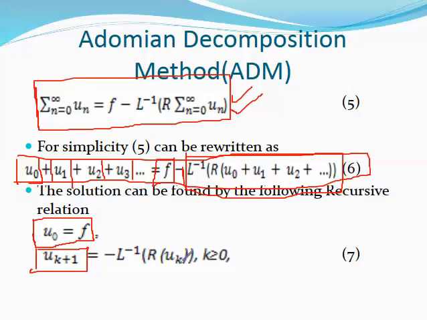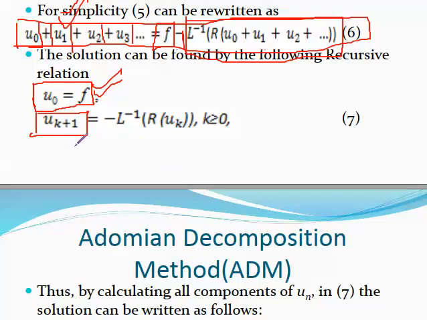So once we have the solution of u naught, we use it in this remainder term, and once we integrate it, it gives the result for u1, and the process recursively continues. So this is exactly the general form of the decomposition method, in which we have the zeroth order solution and all other solutions for the unknown functions.